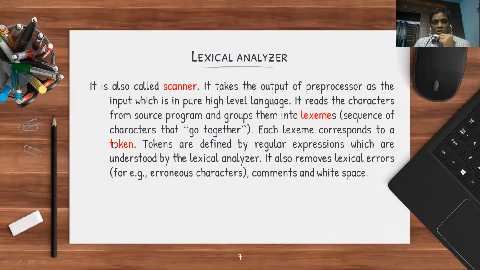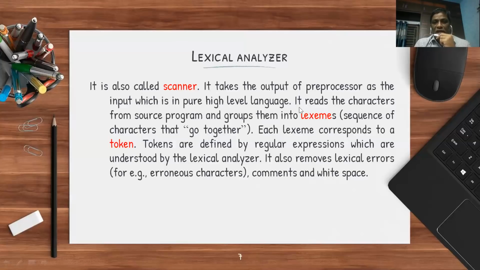A token is the smallest independent, individual unit in a programming language, which means keywords, identifiers, operators, and so on. Every single valid word, which is called a lexeme, forms these tokens.